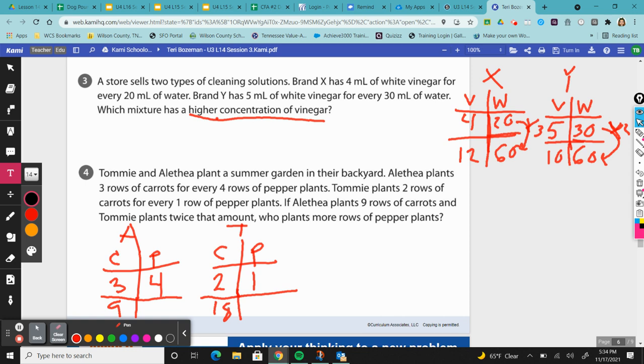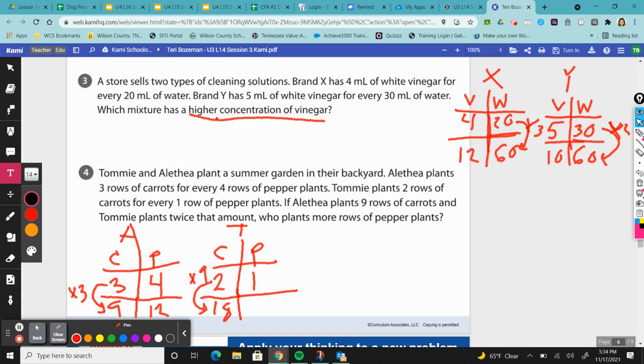So it's not the exact same steps, okay? So we want to find equivalent ratios here. So I have to figure out, well, how do I get from 3 to 9, times 3? So I have to do the same thing to the other side. 4 times 3 is 12, right? And then over here, I want to say, how do I get from 2 to 18, times 9?